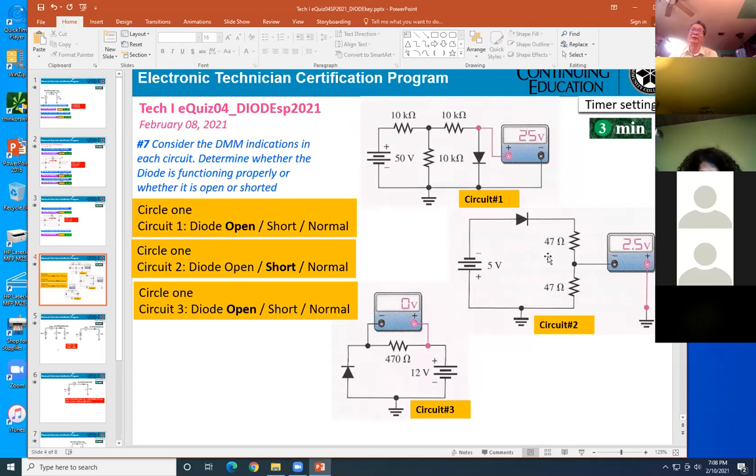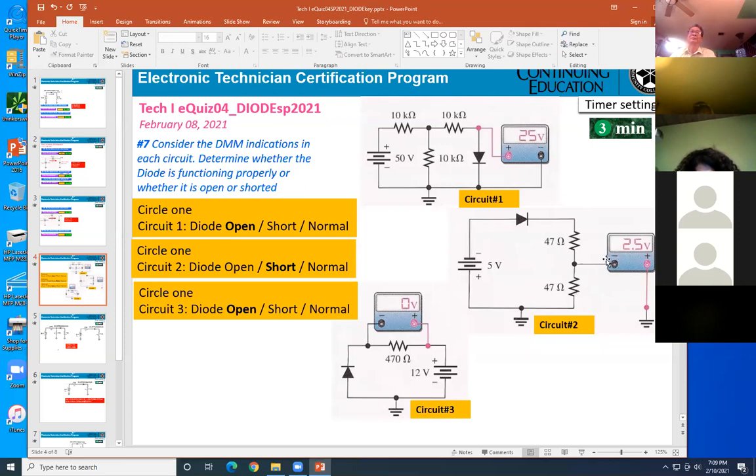That only tells you the diode must be shorted. So that's a voltage divider here. That's why they get 5 volt times 47 divided by 47 plus 47, you get 2.5 volt.